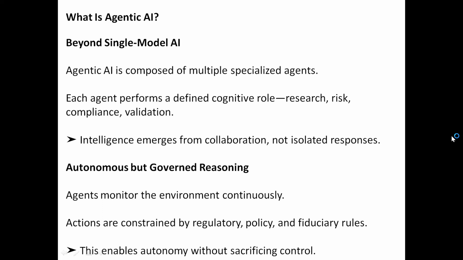One concept is human in the loop, and I prefer to talk about the human co-pilot. Agents monitor the environment continuously, and actions are constrained by regulatory policy and fiduciary rules. So autonomy should be under governed reasoning.